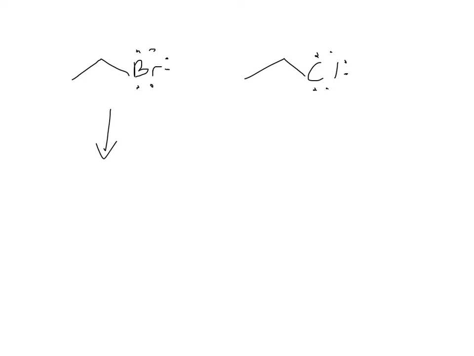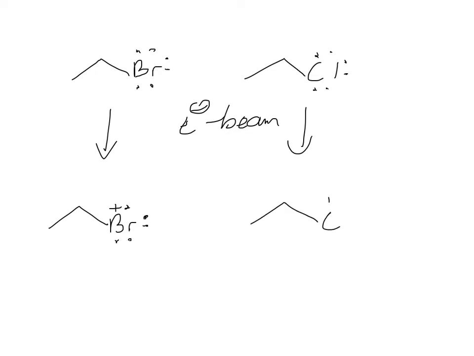If you submit both of these to the electron beam in a mass spec experiment, chlorine, because it's similar in size to carbon, can do both heterolytic and homolytic cleavages, like the alpha.